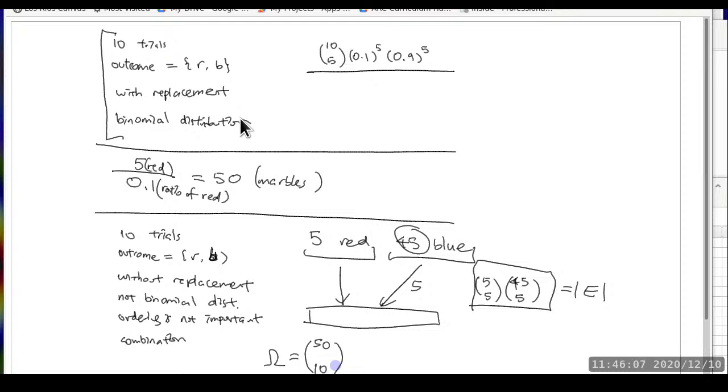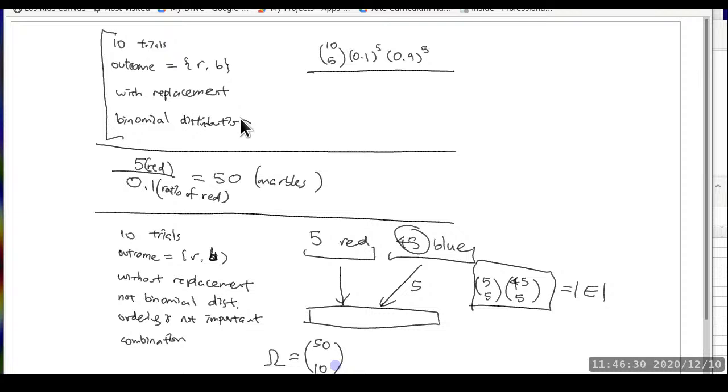That is our omega. In other words, omega is the set of all possible outcomes, and all the possible outcomes is merely just blindly reaching into the bag and saying, I'm just going to pick 10 marbles out of the bag. Okay, but then you look at the 10 marbles that you have chosen.